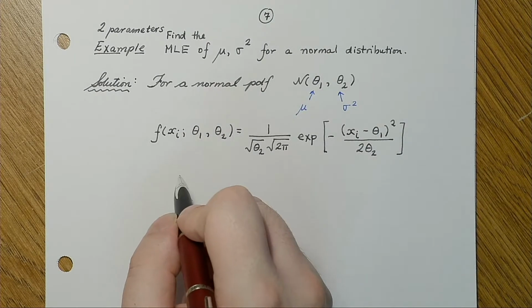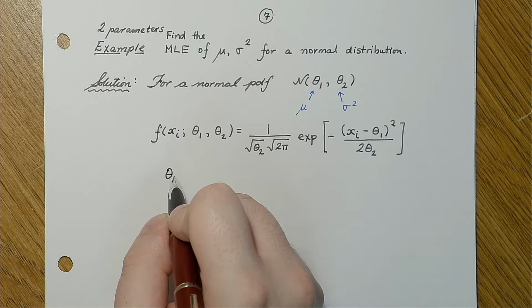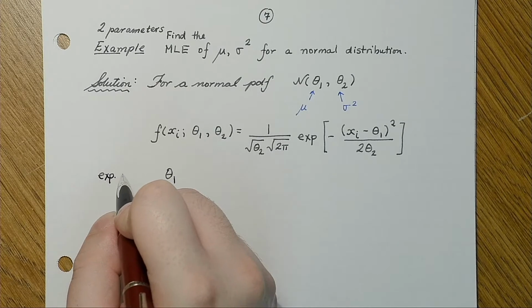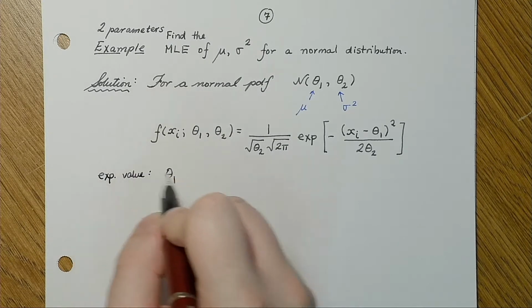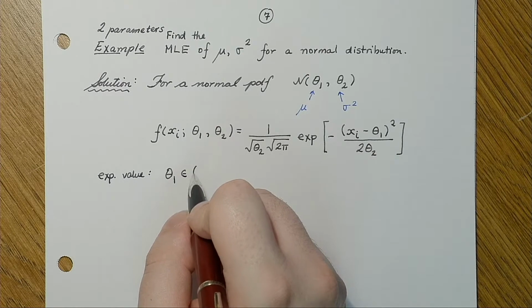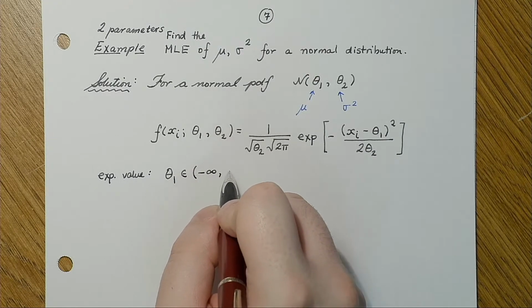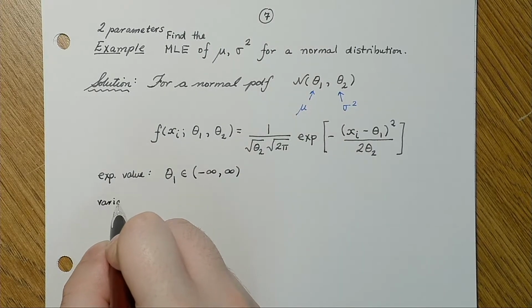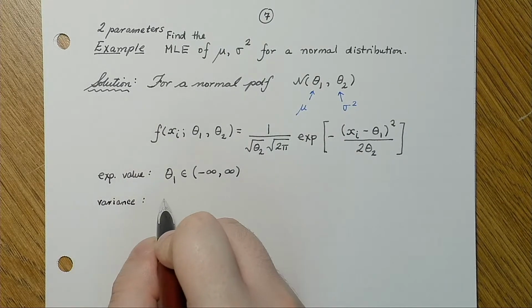And remember that our expected value should be from minus infinity to infinity, and the variance is positive, or well, non-negative.